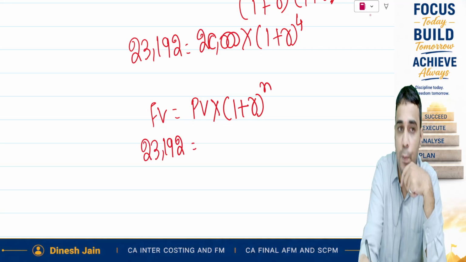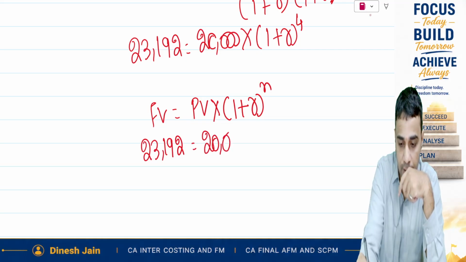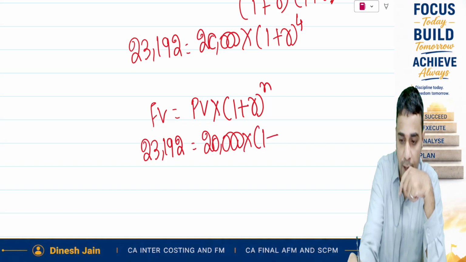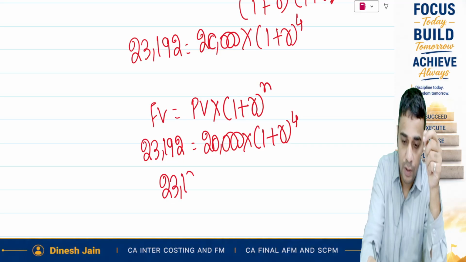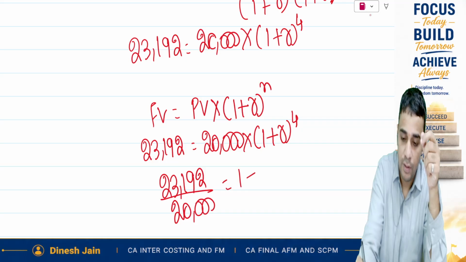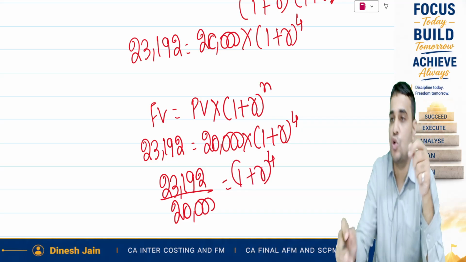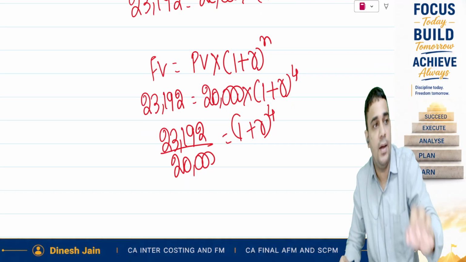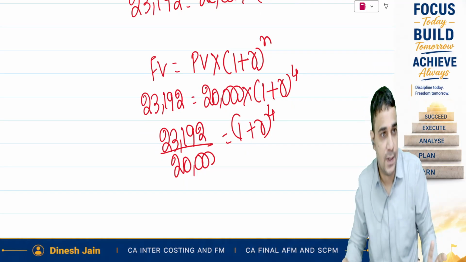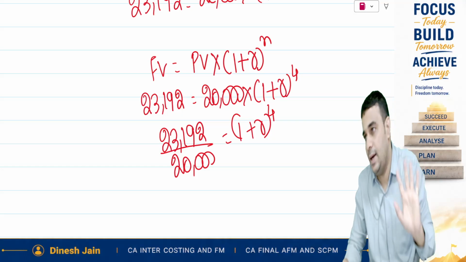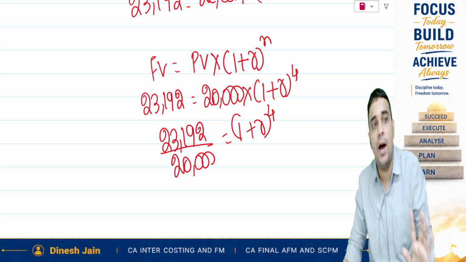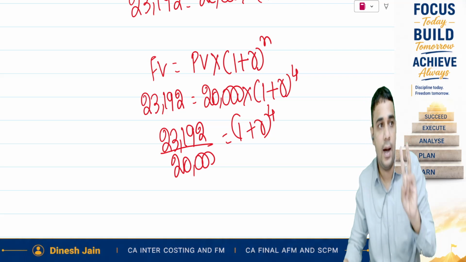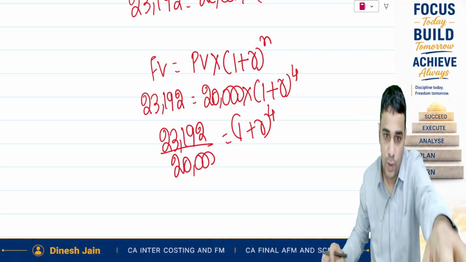Present value, what did we invest? 1 plus r power 4. Get me the answer to r. Divided by 20,000. 1 plus r power 4, square root will make 1 plus r square, another square root will make it 1 plus r. No 12 times, all that headache is not needed. What's the answer you get?